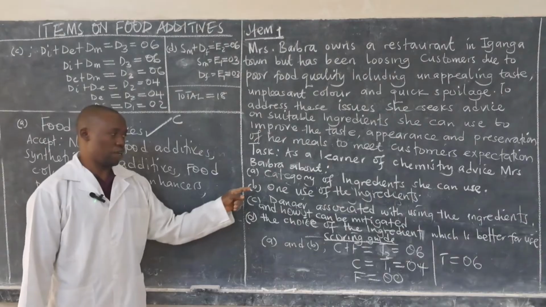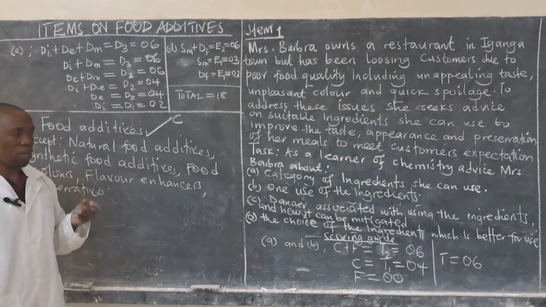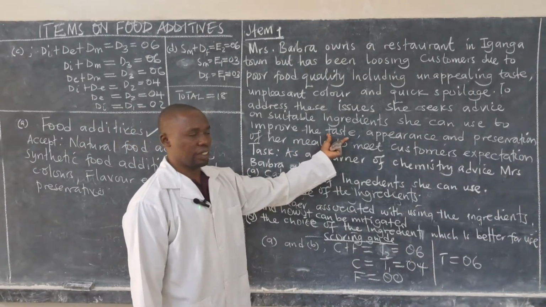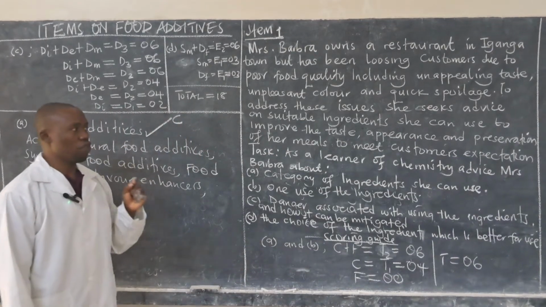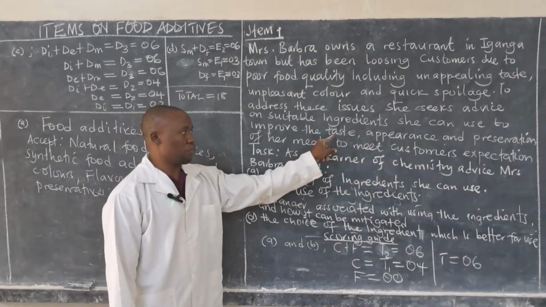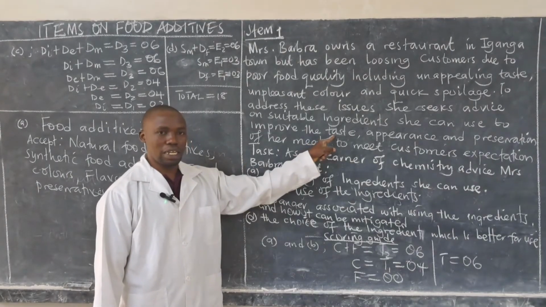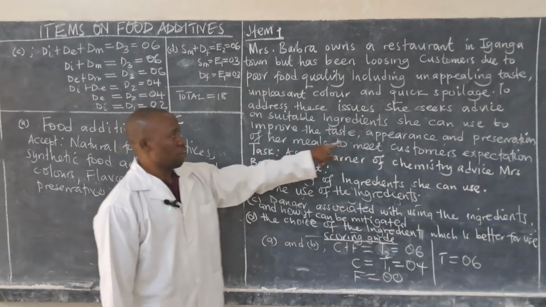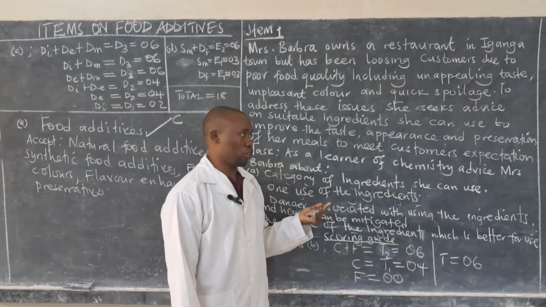Now let us look at part B about one use of the ingredients. According to the item, we should look for the ingredient for taste, appearance, and preservation. If the learner does not know the name of the food additive for taste, they can say food additives are used to improve the taste. Food additives are used to improve the general appearance of food.